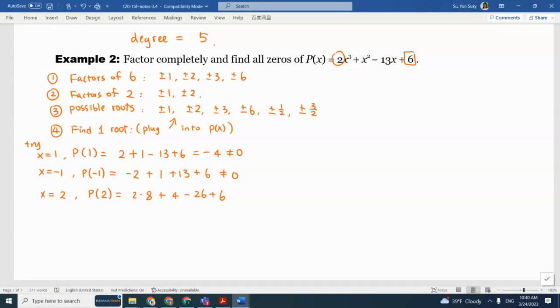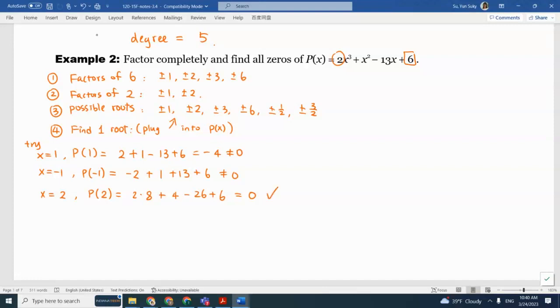So 2 times 8 is 16, plus 4 is 20. 20 minus 26 is negative 6, plus 6 is 0. Yes.